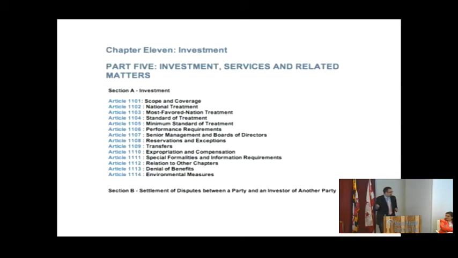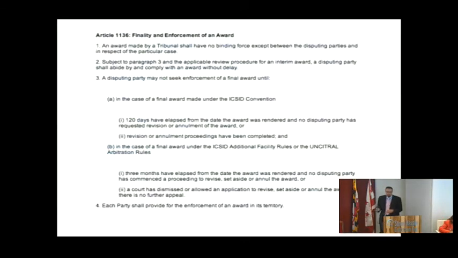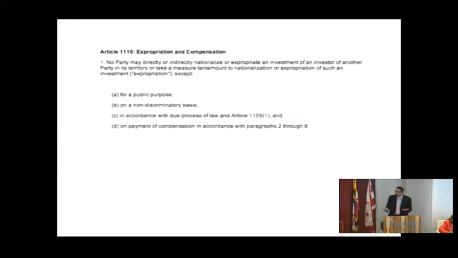The investment chapter, just that sole chapter, chapter 11, has a separate dispute mechanism. So under the investment chapter, a private party can bring a state into arbitration. But it's not for the entire agreement.